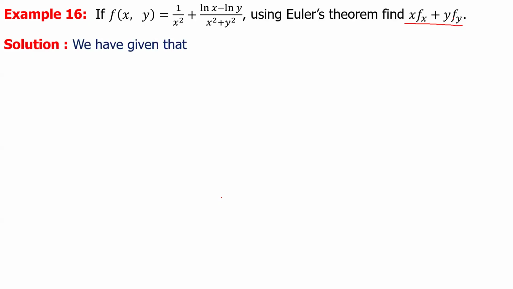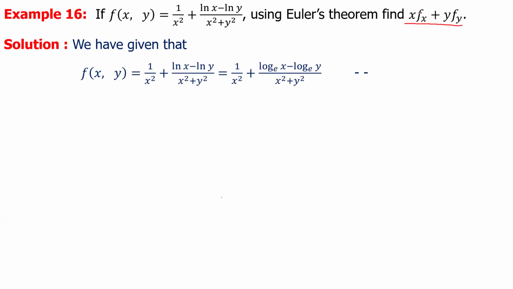We have given that f of x, y is equal to 1 upon x square plus natural log of x minus natural log of y upon x square plus y square. It can be written as log of x to the base e and log of y to the base e divided by x square plus y square.